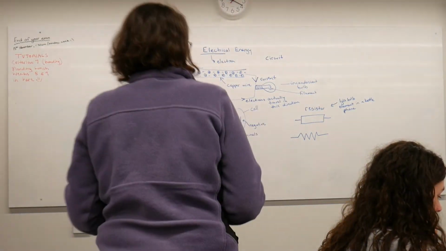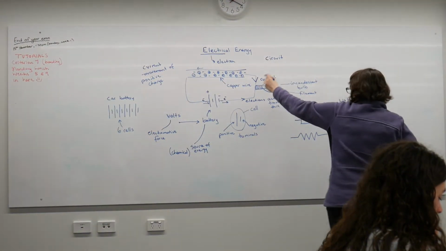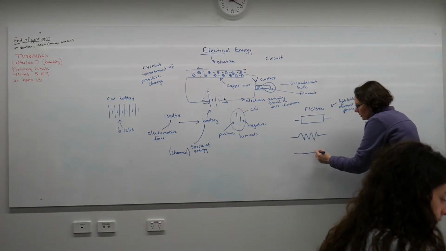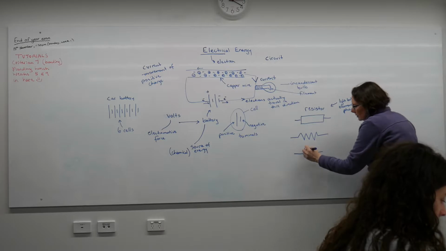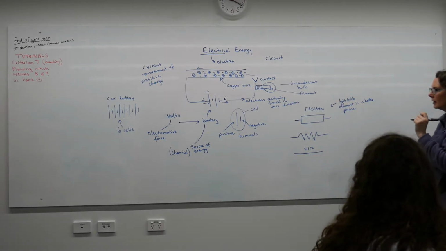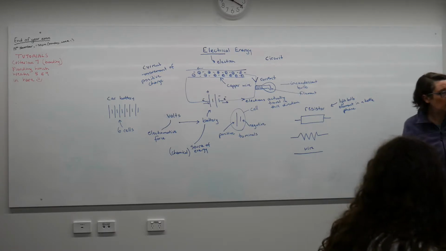So you might see an actual resistor in the circuit. Our wire is just represented by a straight line. And we've seen there how to represent our battery.